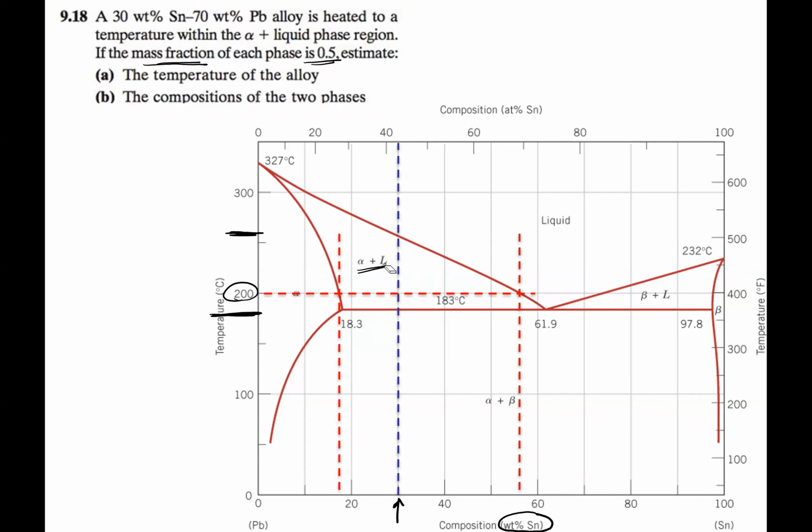Well, if I went and picked 200, I can see here my tie line is sitting right here now. Well, I don't have to even pull off the values of these endpoints because I can see that this length here is definitely not the same as this length here. And this looks more like a 2/3 to 1/3 ratio, not 50-50. So that's definitely not right. All right, so what can I do? Well, let's go ahead and move our temperature up a bit.